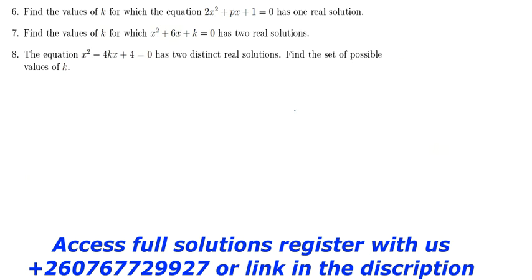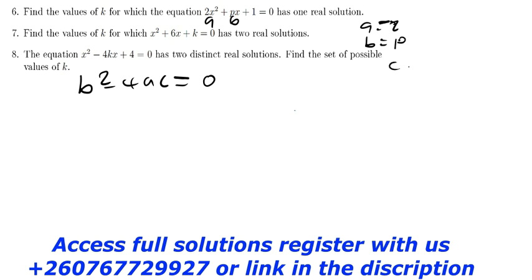Okay, so the first one is this. I equate the discriminant to 0 because it has one real root. So what is my b? We know that this is a, this is b. So a is 2, b is p, and c is 1.